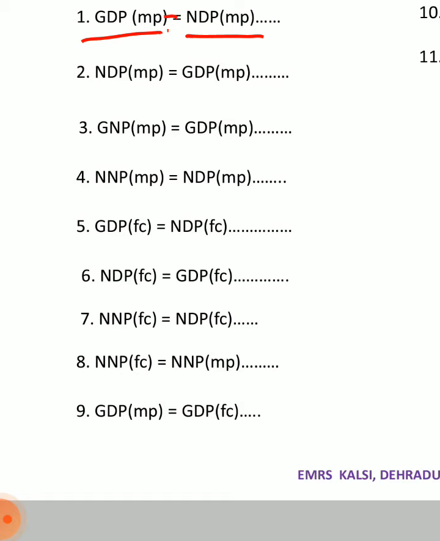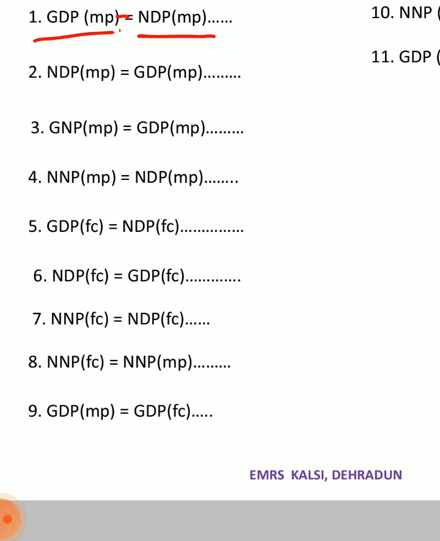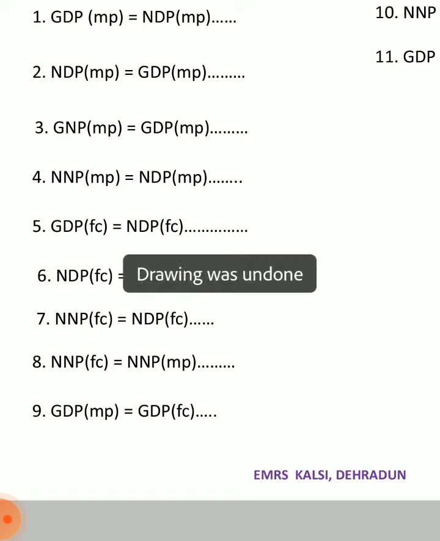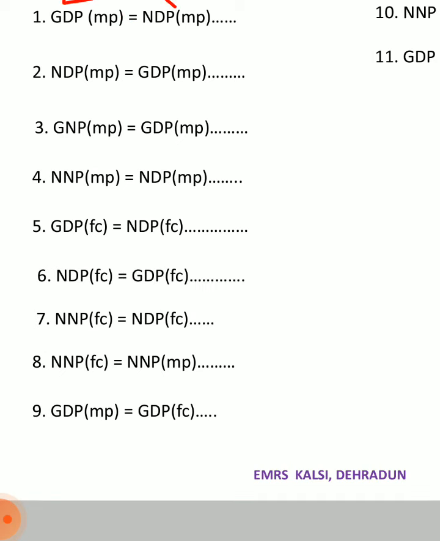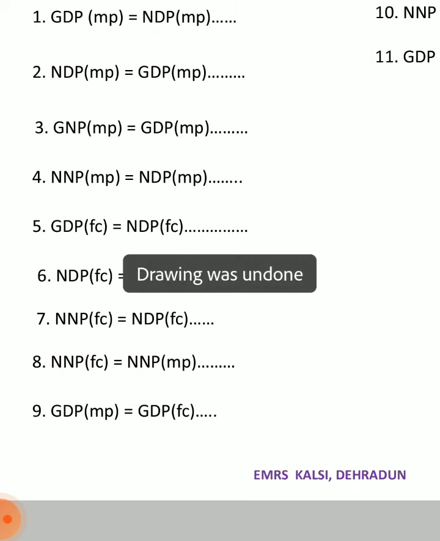You have been given NDP-MP, and you have to convert this NDP-MP into GDP-MP. The aggregate on the left side of equal to is what you have to find. NDP is given, GDP you have to find.